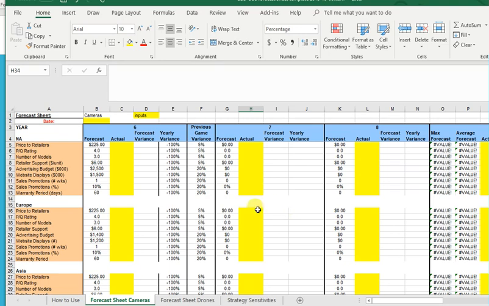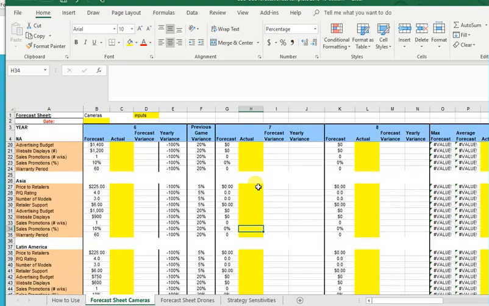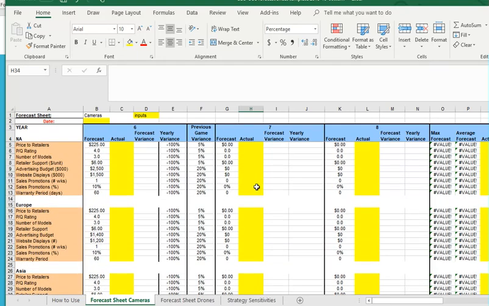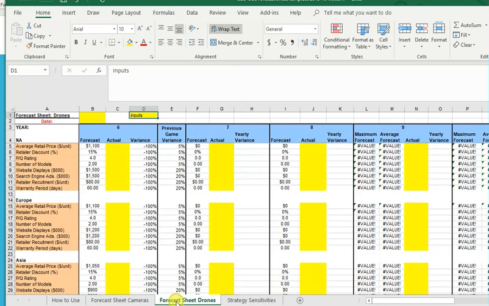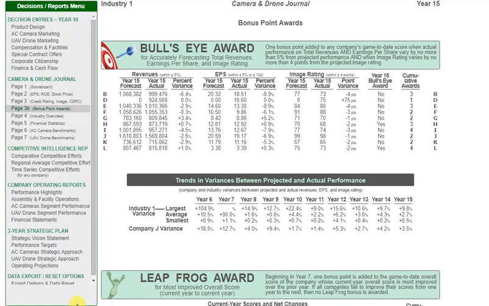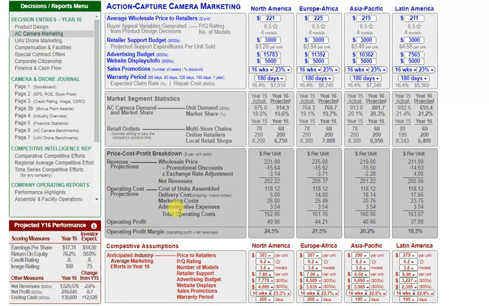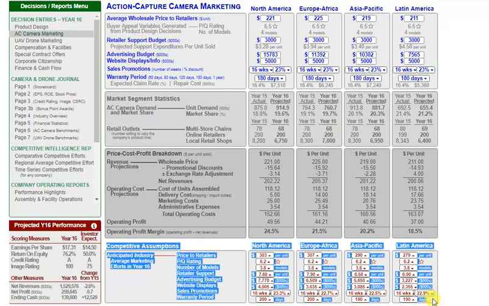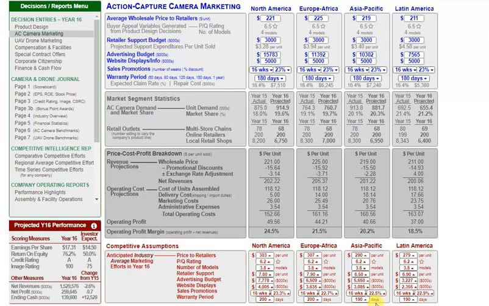Now, there is a shortcut for those who are time constrained and don't want to use any of these templates or use any of these techniques, and that's to go into Glo-Bus and go into the AC camera marketing, and you have down here the competitive assumptions. This is where you're going to write down your forecast.